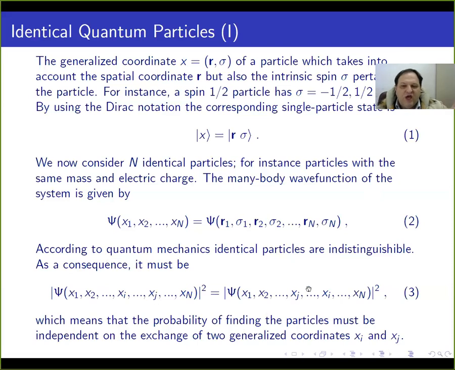If you exchange these coordinates, putting xj instead of xi and xi instead of xj, you must find the same number. This means that the probability of finding the particles must be independent of the exchange of two generalized coordinates.